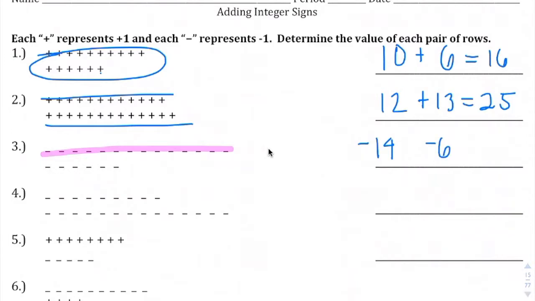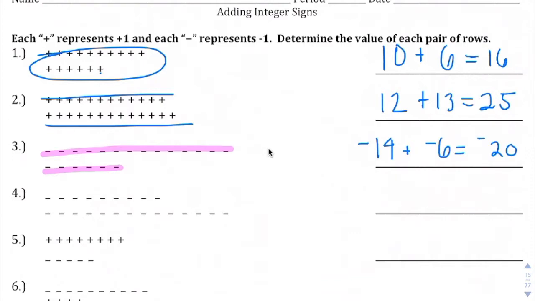If we add negative 14 to negative 6, it's the same as thinking about how many minus signs there are in total. If you counted all the minus signs in both rows, you would see that there are 20 minus signs. So this visual can help us understand that negative 14 plus negative 6 is equal to negative 20. There's 14 negative things, 6 more negative things, for a total of 20 negative things.